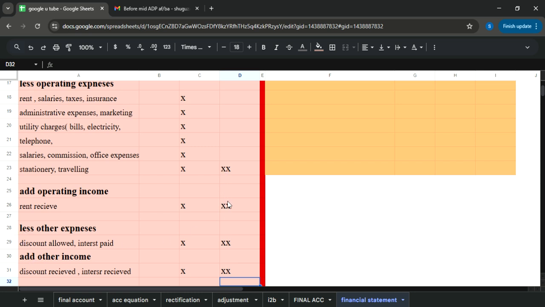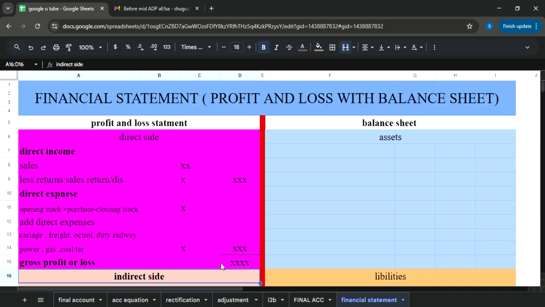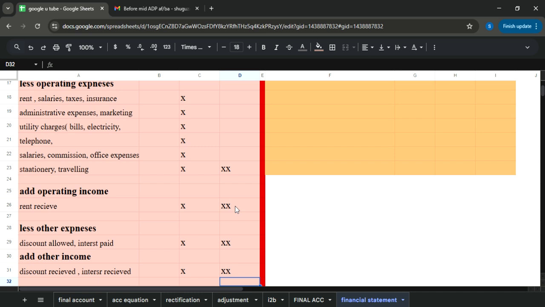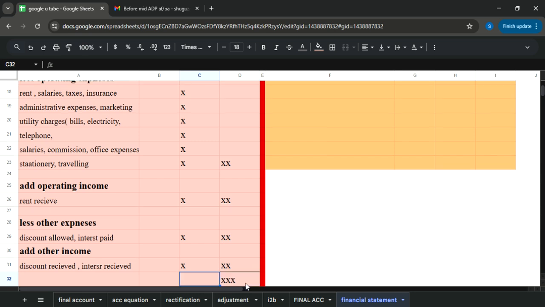The sums of items 1, 2, 3, and 4 would be adjusted in this gross profit, and finally you will get one answer. That answer would be your final profit. Here you calculate your final profit, and this profit would be called your net profit or net loss.